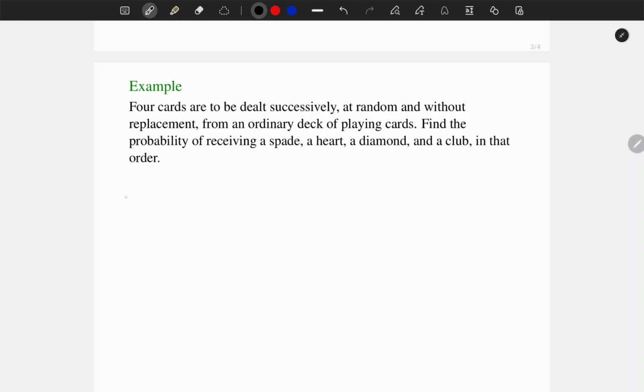So let's denote as the probability of our event a spade, a heart, a diamond, and a club.